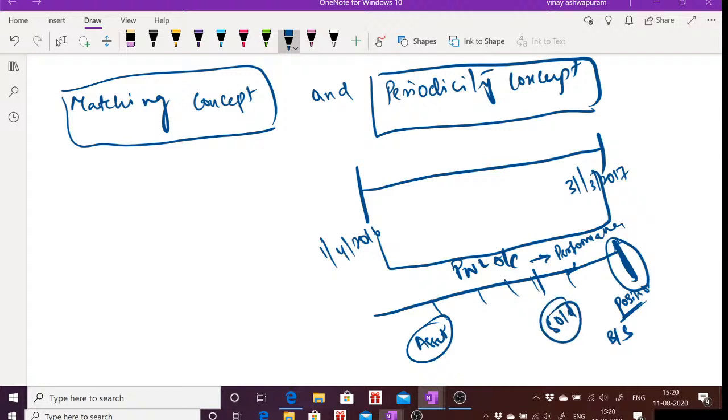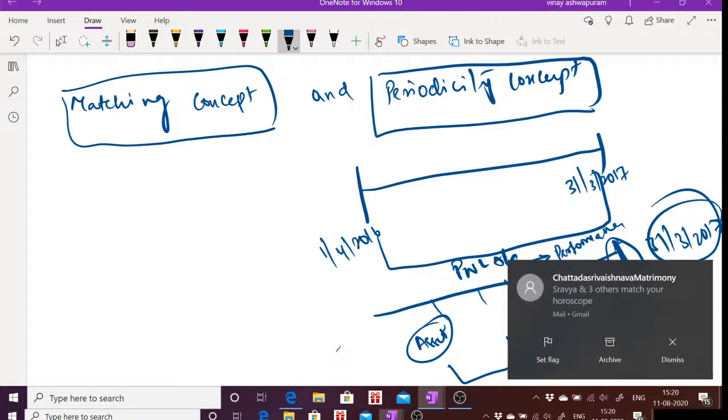It has happened during the year. Does this asset come on the balance sheet? Answer is no. Reason, it will not come because it was not there on 31st March 2017. I will write only those assets or liabilities which were there on the particular date.